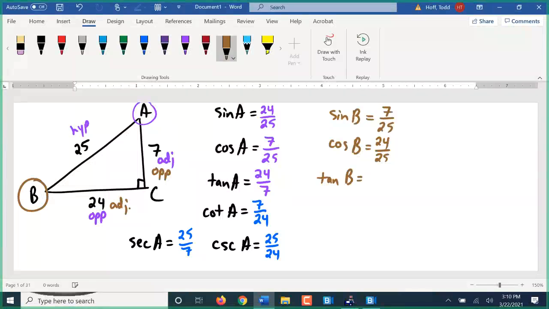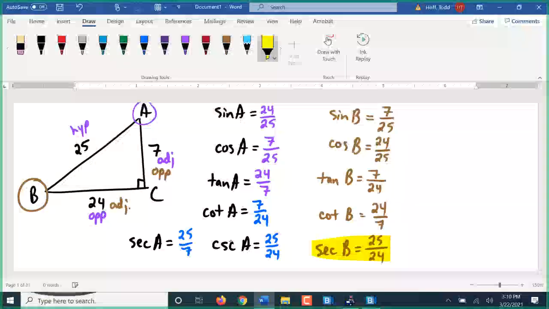Tangent of B. Over 24. Cotangent of B would be... secant of B. Perfect.